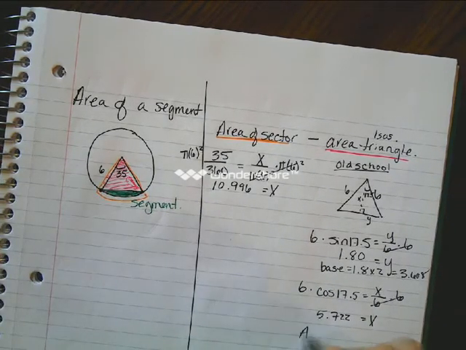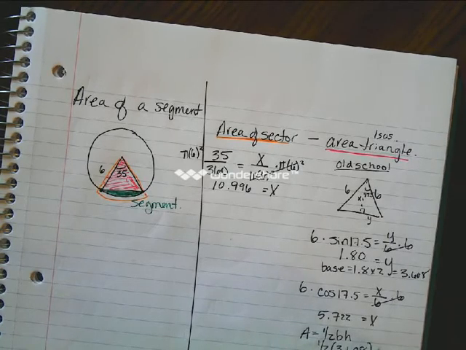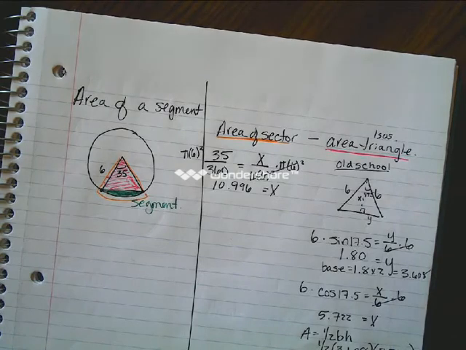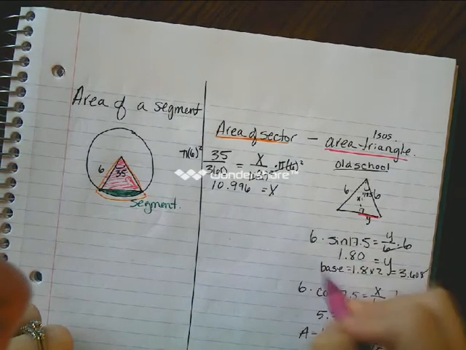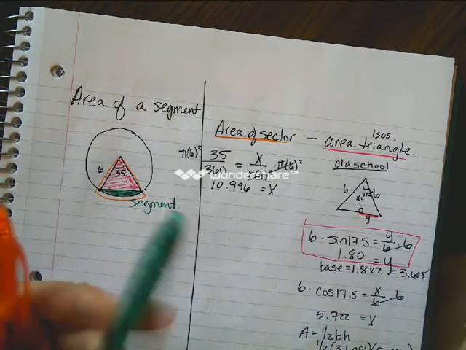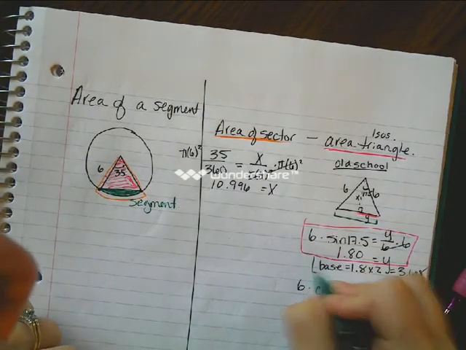Let me color code this for you, those of you having trouble following along. Okay, so for our y, we did all of that. Then, because we needed the entire base, we had to double it. Then, for our height, we did this, and then we plugged in to get the area.